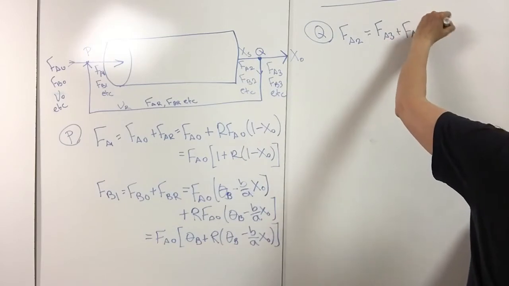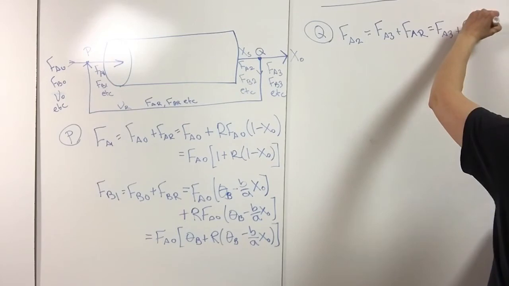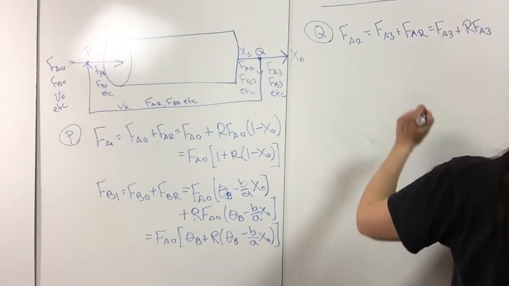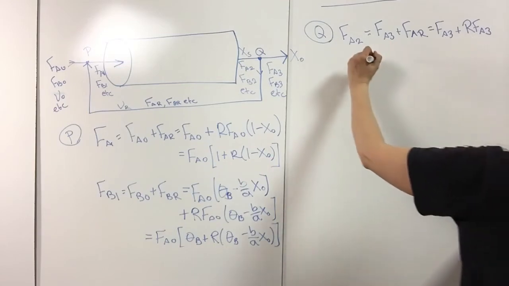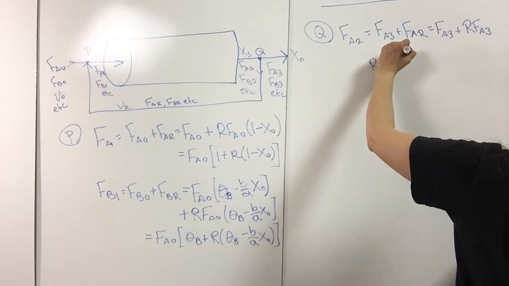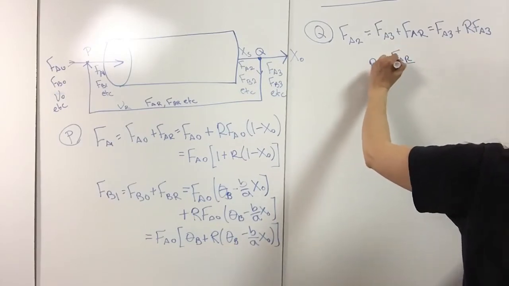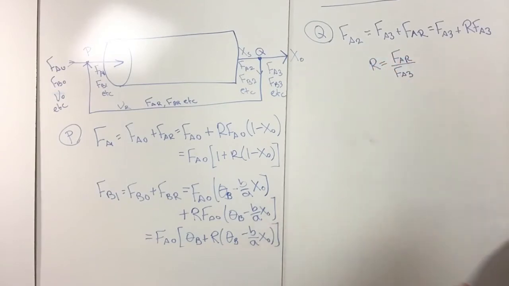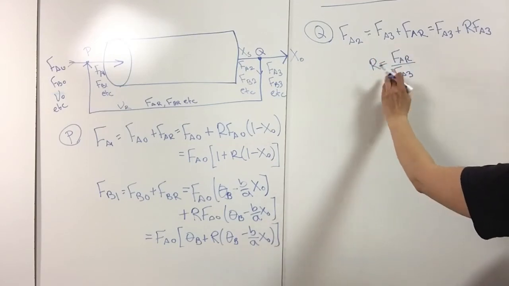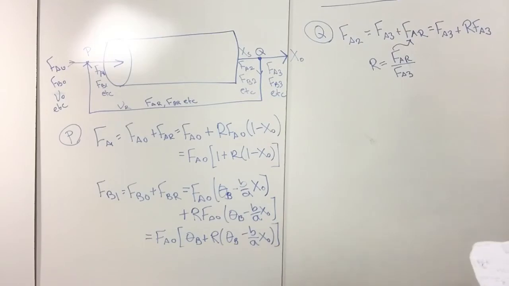So this is equal to FA3 plus R FA3. Just to remind you, this R FA3 is from R equal to FAR over FA3. So I just multiplied the FA3 over and then put that into there.